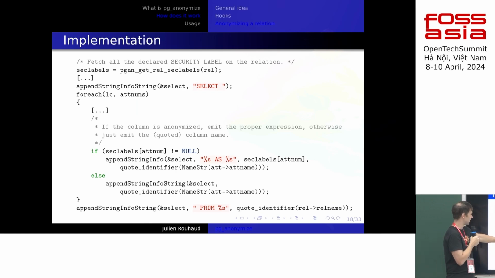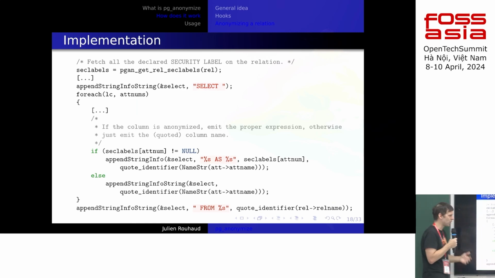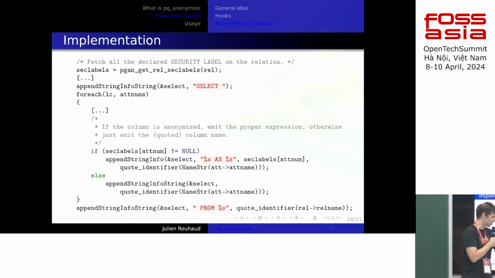If I find a security label, I use the expression from the security label, as, and I use the exact same identifier. That's not strictly required, but it's easier to debug. And if I don't have a security label, I just output the original column. Then I finish with from the original table name.